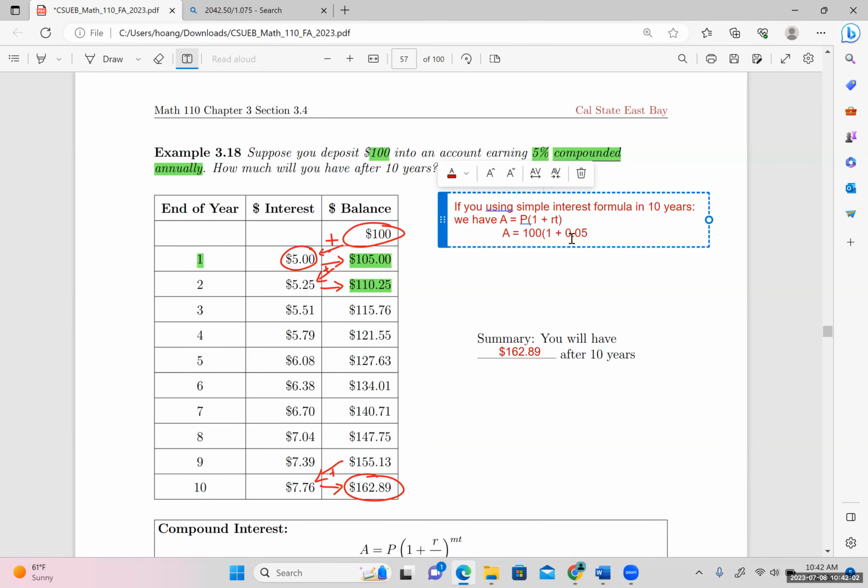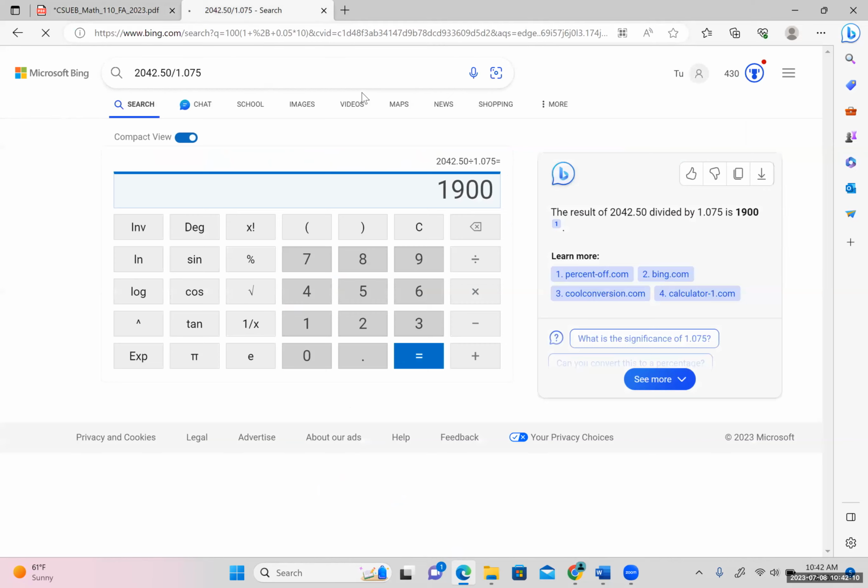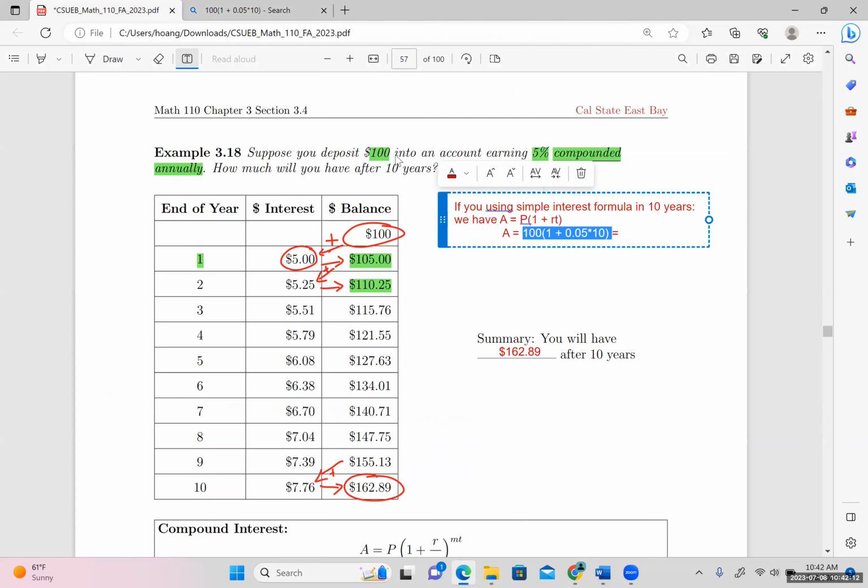Using the calculator, I got $150. Why? Because you're just adding $5 each year, ten times.